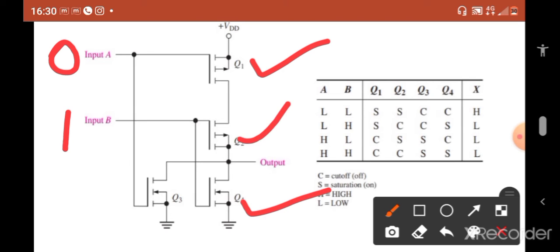But Q2 will be off and Q3 will be off. So the voltage may enter across VDD, but it is not short circuited, it is open circuited here, and you cannot get it in the output.